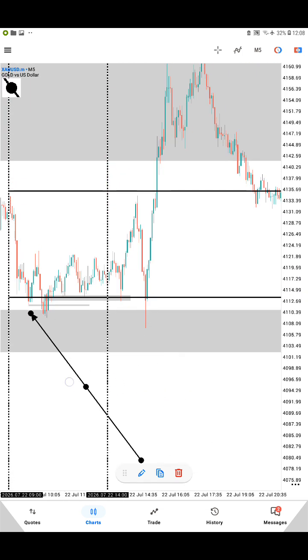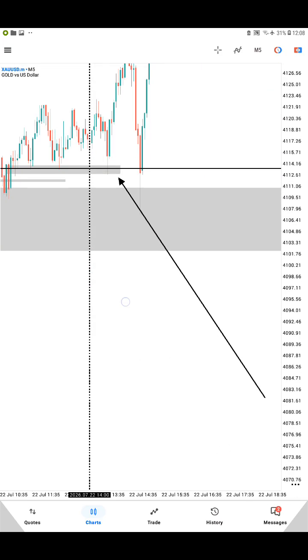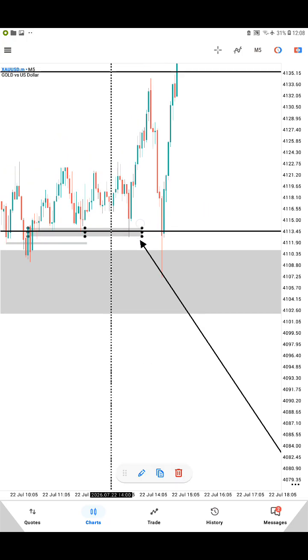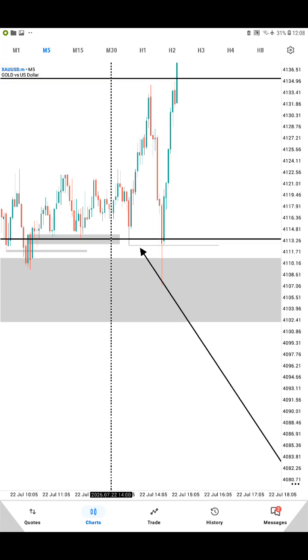Okay, let's look here. We had a total sweep, right? We had an order block here. Let's look at here what happened. As you can see here, we can say this is our total sweep, right? Let's go to the lower time frame and see this thing.